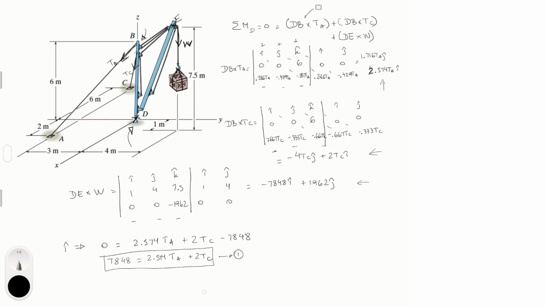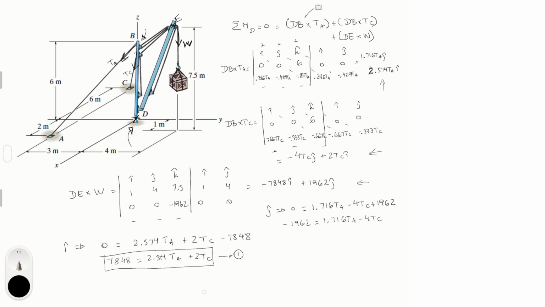In the J, we have that 0 is equal to 1.716 TA minus 4 TC plus 1962. Let's clean this up a little bit. We get that negative 1962 is equal to 1.716 TA minus 4 TC.